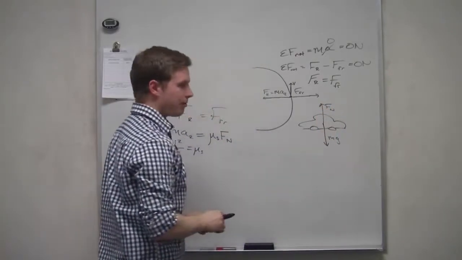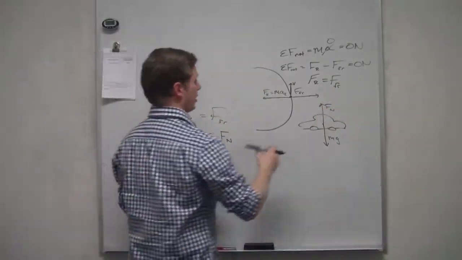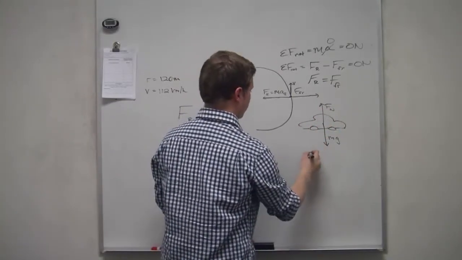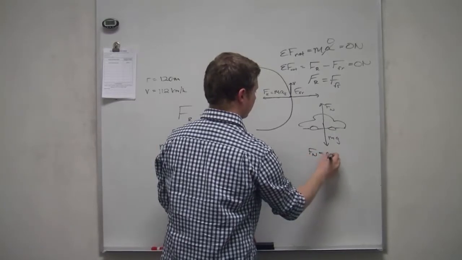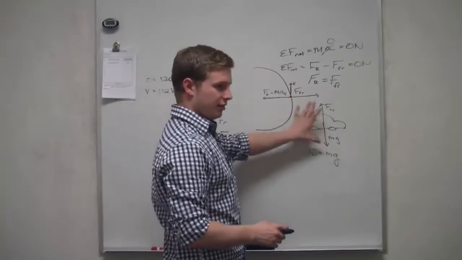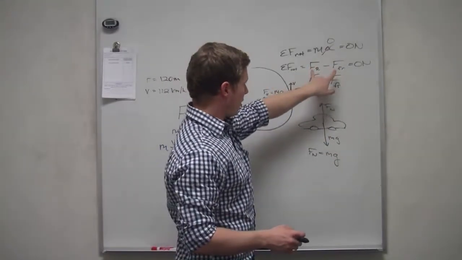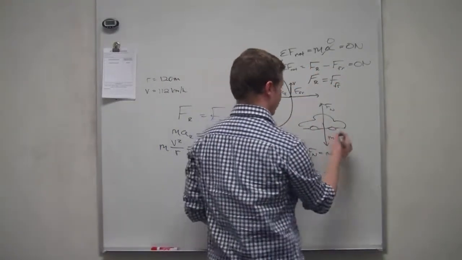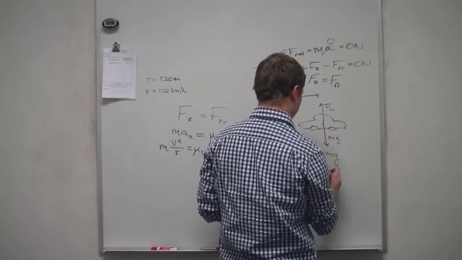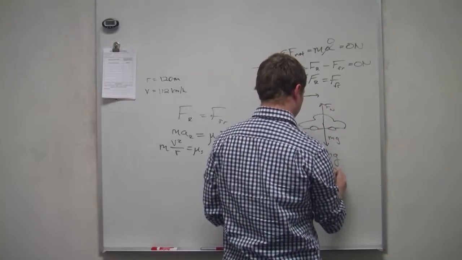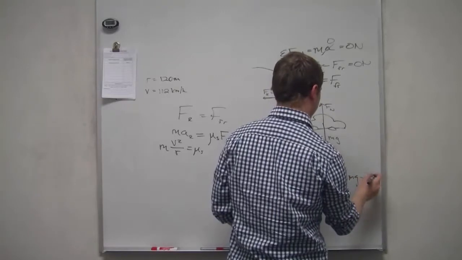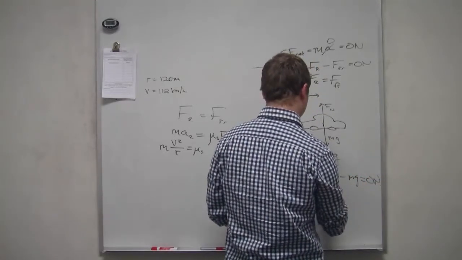They cancel each other out, so they must be equal to each other. Since they're the only forces, the net force is the force going up minus the force going down, which is equal to 0. So they're equal to each other.